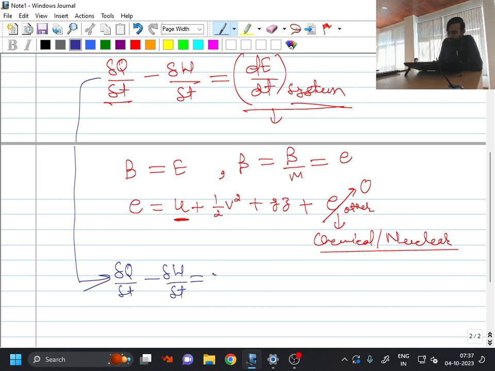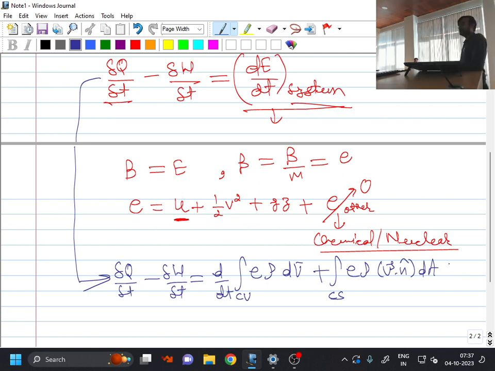In the control volume approach, it will be nothing but d by dt of the integral over the control volume of small e times rho dv, plus the integral over the control surface of e rho v vector dot n cap dA. So this is nothing but the first law of thermodynamics for a control volume system, an open system. Over here, the complete analogy is from the subject of thermodynamics.